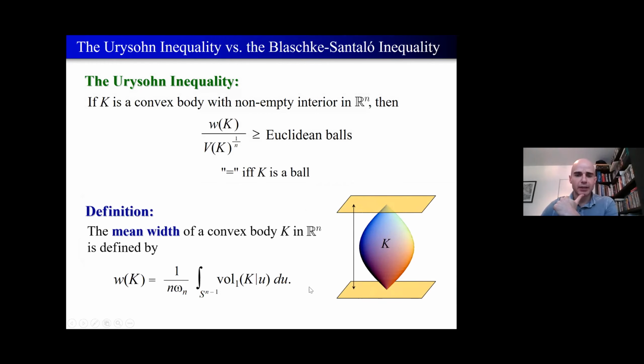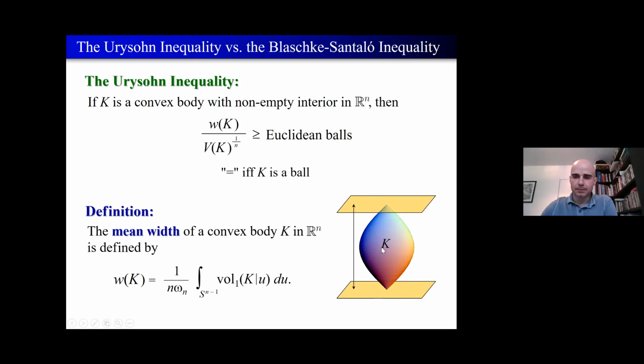So the mean width is, well, a mean of the width in every direction of the body, which can be written as the length of one-dimensional projections averaged over all the directions and then suitably normalized.